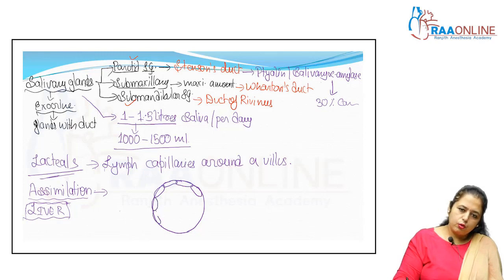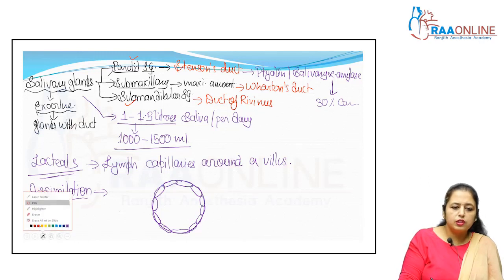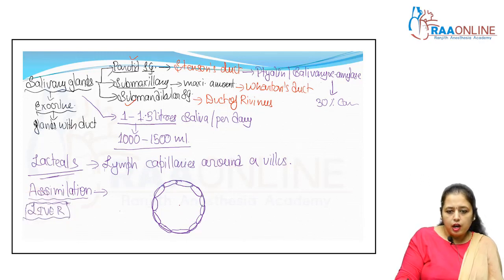These are the hepatic lobules. Hepatocytes, that means the liver cells, are arranged in the form of cords, one or two cells thick, and all these hepatocytes open into a central vein.